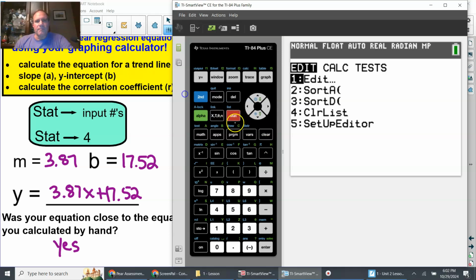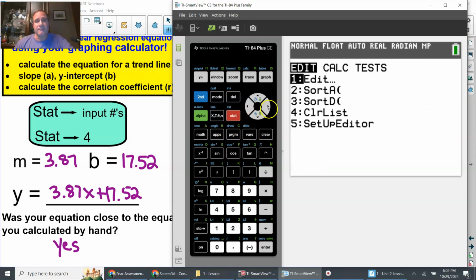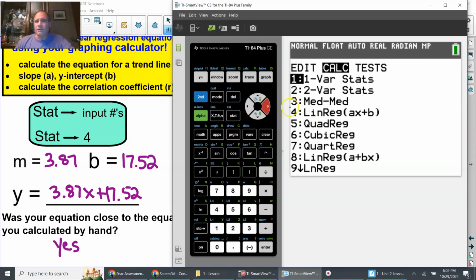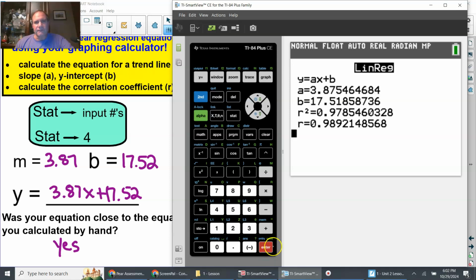So now I'm going to go back to stat, and you see in the edit list that I do have the numbers still. So I have the numbers from this, and I want the correlation coefficient. So I'm going to press stat, go to calc, and go the same way. I'm going to press 4, linear regression, ax plus b. So 4, and then I'm going to press enter 5 times, and there is my correlation coefficient. There, my a is my slope, the b is the y-intercept, the R squared, forget about it.